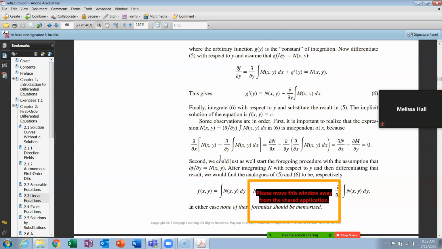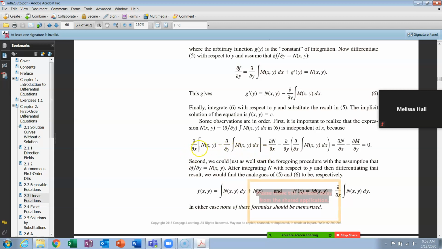Now, they go through a lot of mess here. And if you were to take the partial of that with respect to x, since it has no x dependence, we just said it depends on y alone, this had better be 0.